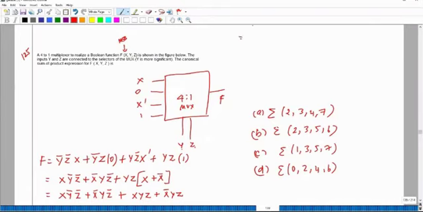So this is equal to 100 plus 010 plus 111 plus 011. Because bar means 0, and if there is no bar it means 1. So what is 100? 100 is 4, plus 2. This is 2, and this is 7, and this is 3. So 2, 3, 4, 7 is my answer.